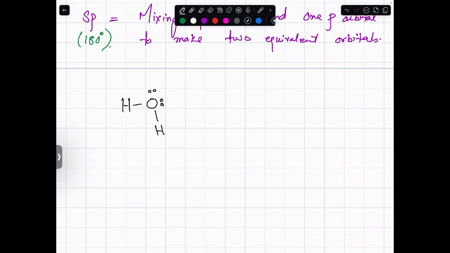Right? This is water. Now, if I take oxygen, it is what? 8. In oxygen, this is 1s, then this is 2s, and this is what? 2p. This is 1s2. This is 2s2. This is 2p4. Now listen.